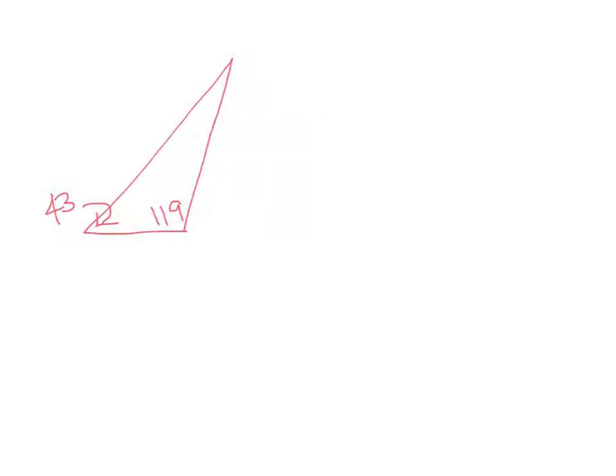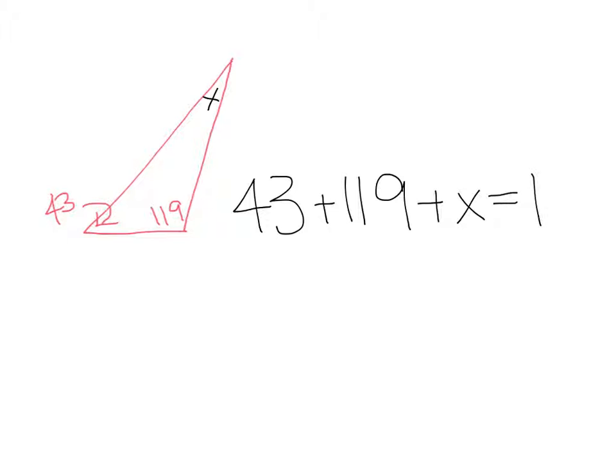So let's take a look at this triangle here. We have a triangle, so that means the interior angles have to add up to be 180, but they want you to find the missing angle. So they want you to find this top. We know that 43 plus 119 plus x equals 180.